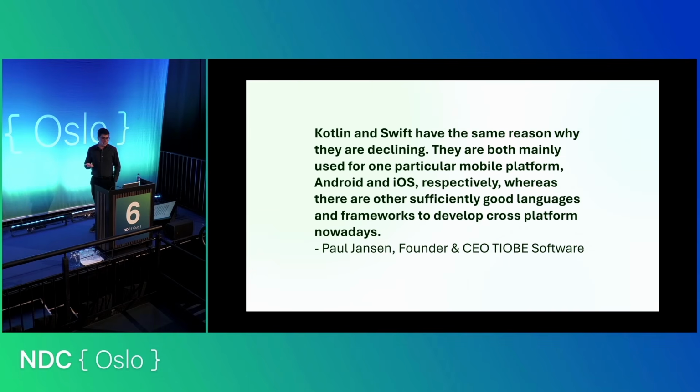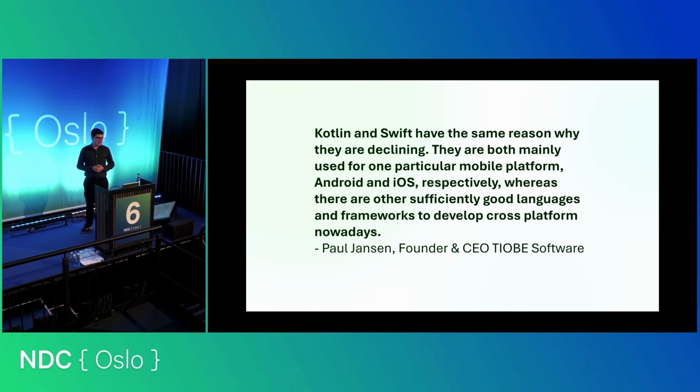Another case study is from Paul Jensen, the founder and CEO of TIOBE Software. If you don't know what TIOBE Software does, they're the people behind the TIOBE index, which is, I think, a yearly published index about how languages and frameworks are being used, and the comparison between them.